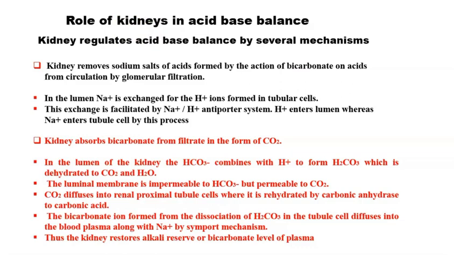These renal tubes are the loop of Henle, distal convoluted tubes, proximal convoluted tubes, and the collecting duct of the kidneys. And we also have the glomerulus that carries out glomerular filtration of the kidney.